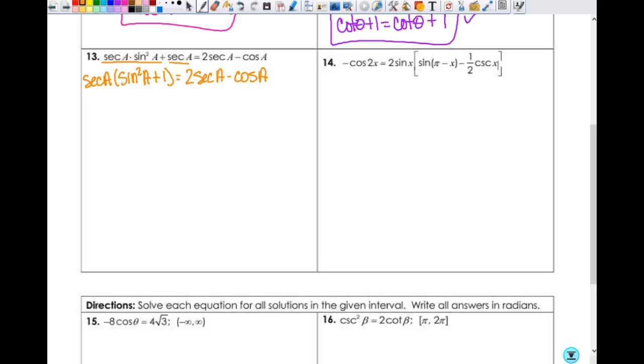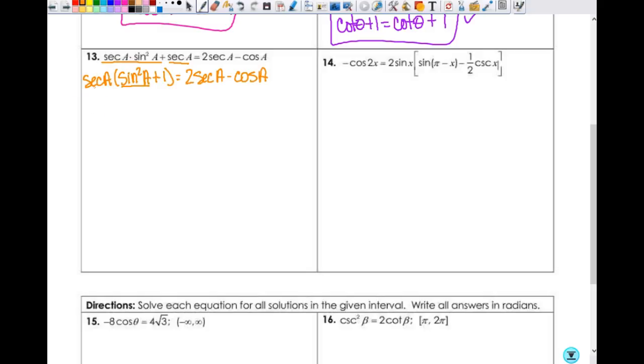All right, so if I change that sine squared a, that might be helpful to me. Now, sine squared a plus 1 is not an identity that's on there, and that's not something I can manipulate to get. So I'm just going to change this one, because distributing the secant, a reciprocal of cosine, nothing's going to happen in there.